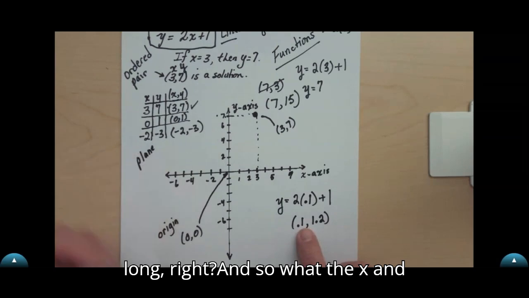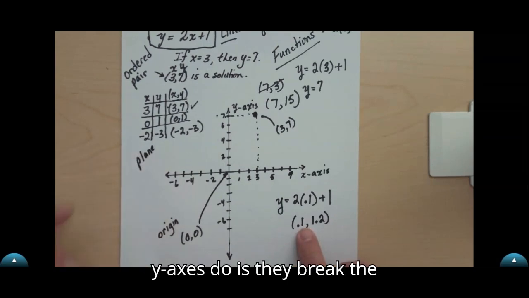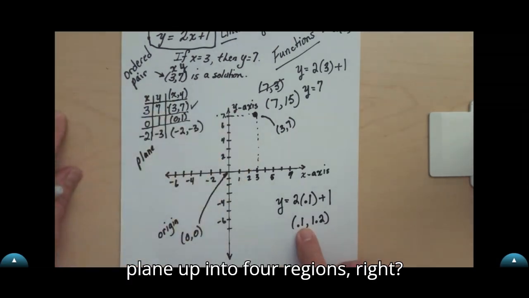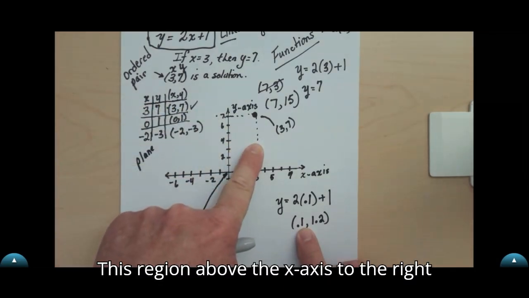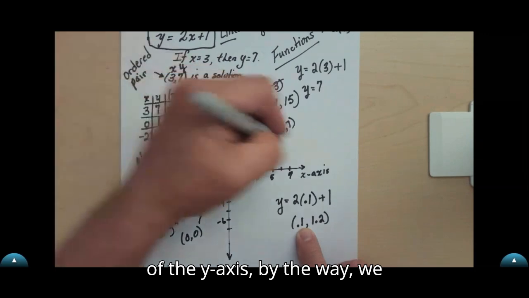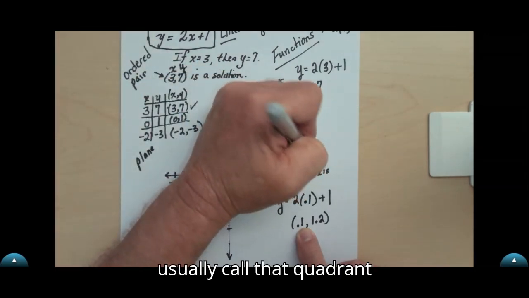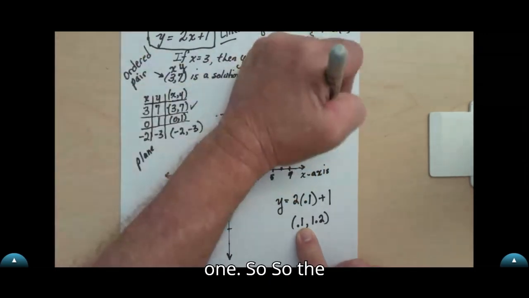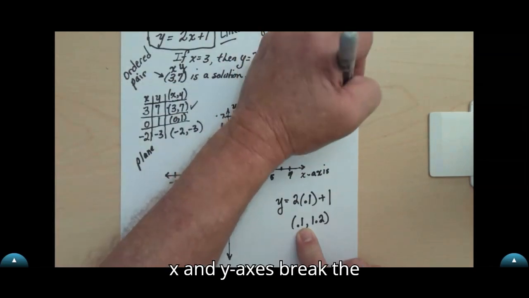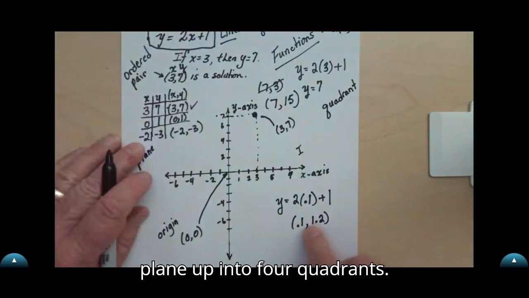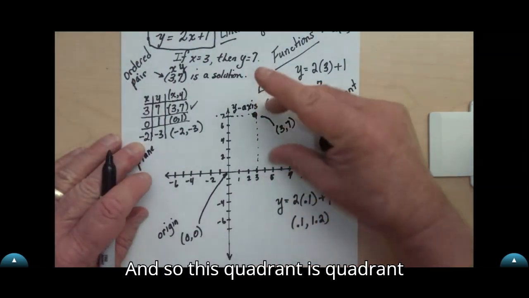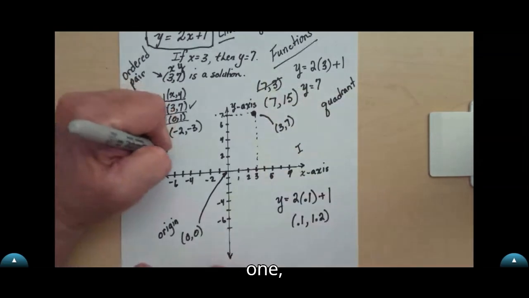What the x and y axes do is break the plane up into 4 regions. This region above the x-axis and to the right of the y-axis, we usually call quadrant 1. So the x and y axes break the plane up into 4 quadrants, and this quadrant is quadrant 1.